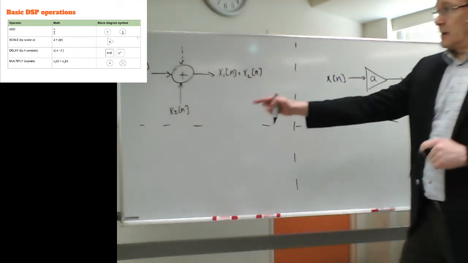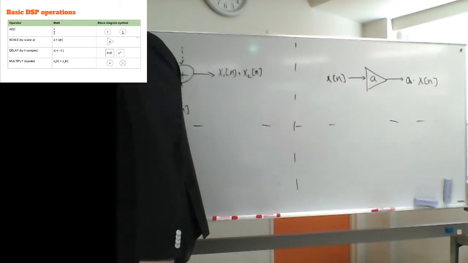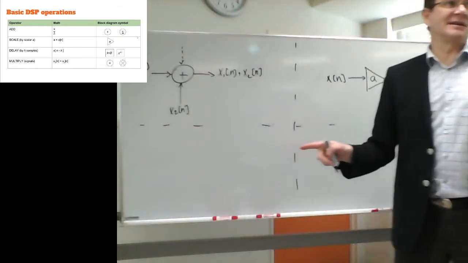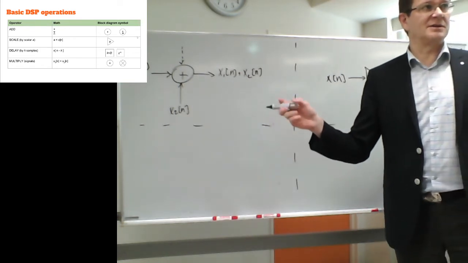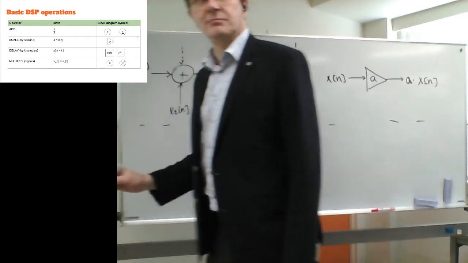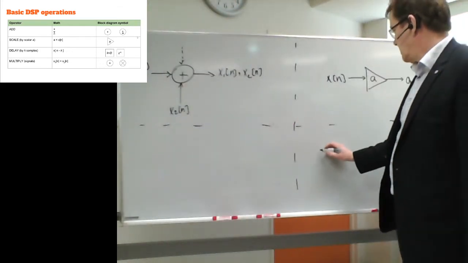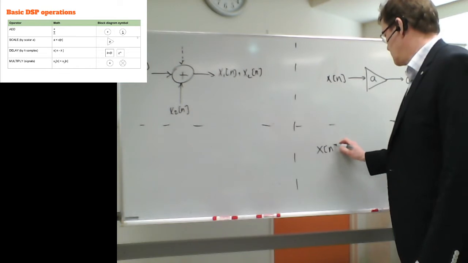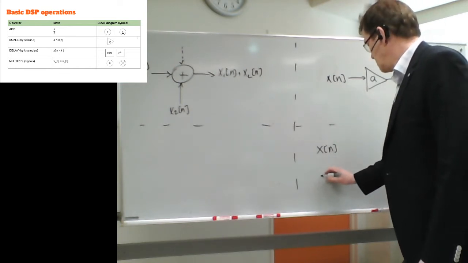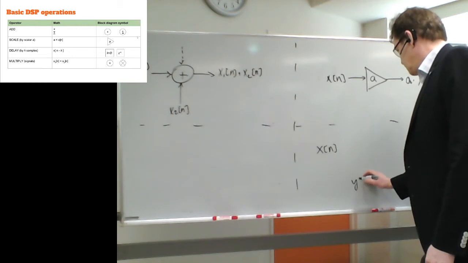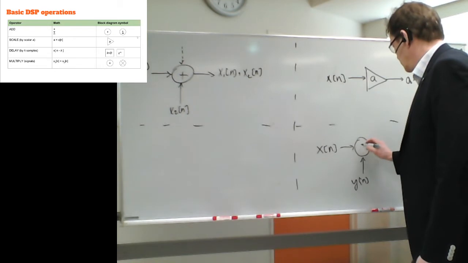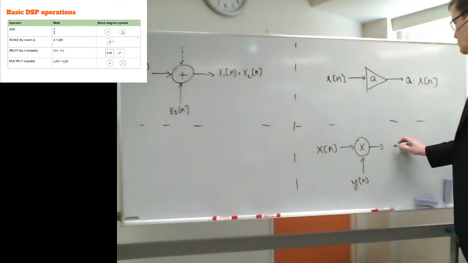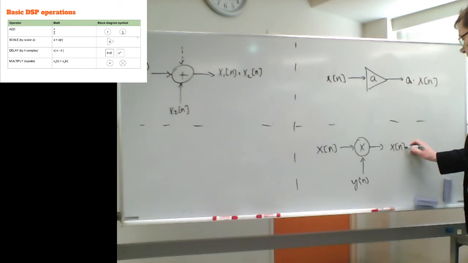That's the multiplication, and that's the general sign for mixing signals. For example, if you have taken the radio frequency design labs, they have this sign for mixing 2 signals. So if we have 2 signals x[n] and y[n] going into multiplication, the output is the multiplication of those 2.